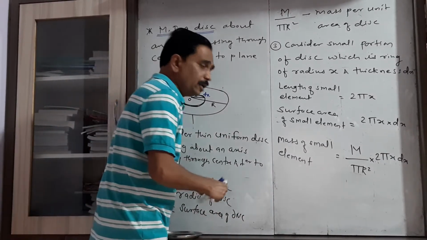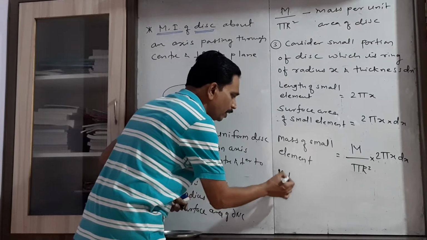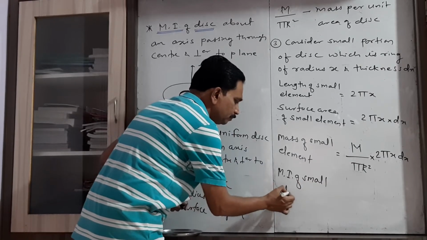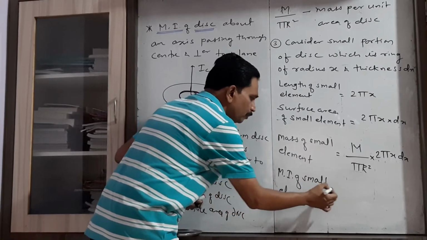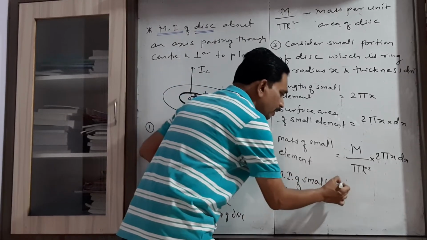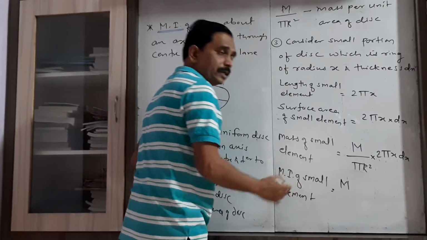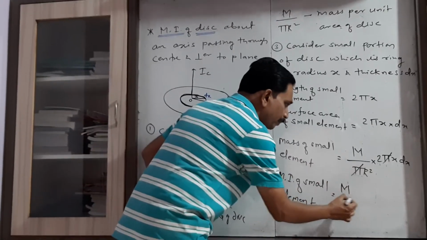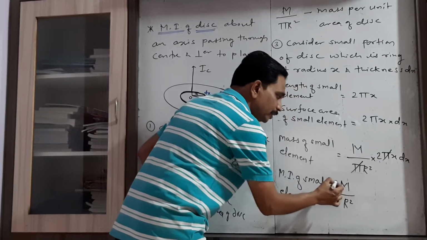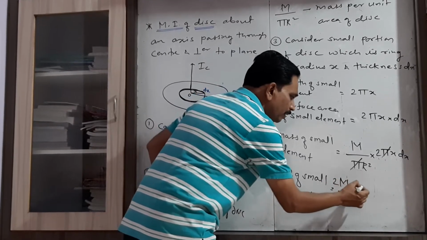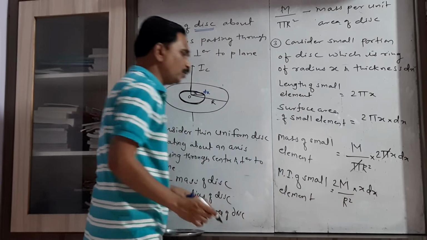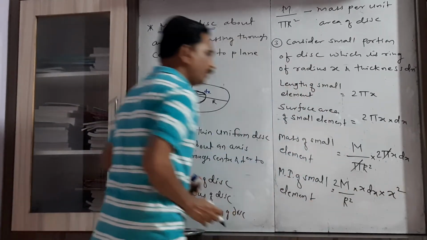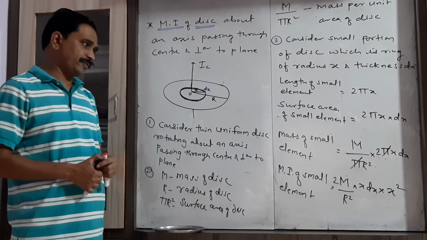Then you have to consider the moment of inertia of that small element, MI of small element. So moment of inertia of the small element, that is the product of mass and square of the distance. If I simplify this, I write here that is m upon r square, this is 2 into x dx, that is the only mass, and square of the distance from axis of rotation, that is the x square.